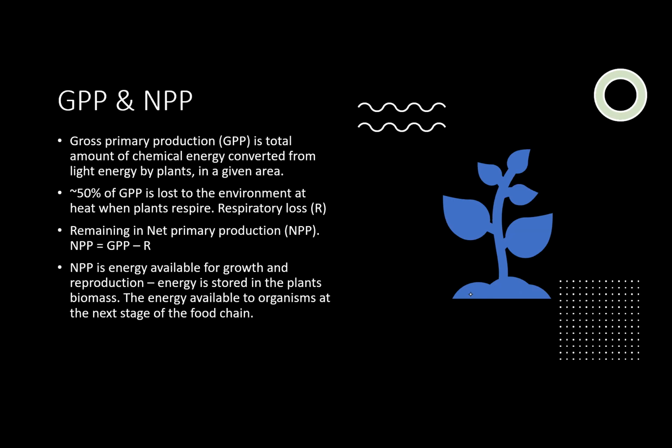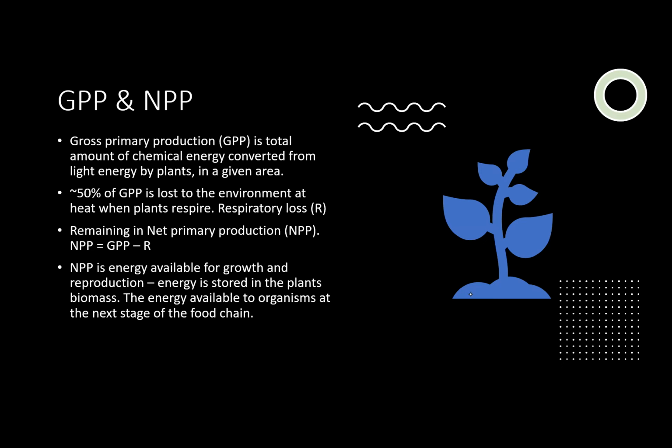So gross primary production, GPP, is our total amount of chemical energy that is converted from light energy by plants in a given area. Approximately 50% of the gross primary production is lost to the environment as heat when plants respire.